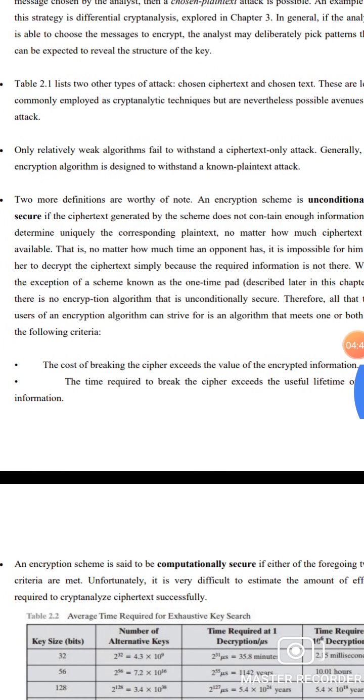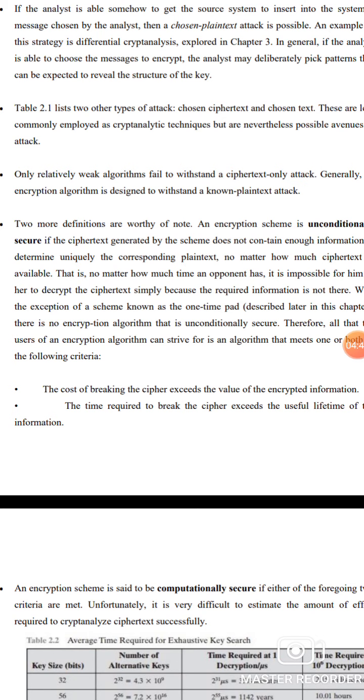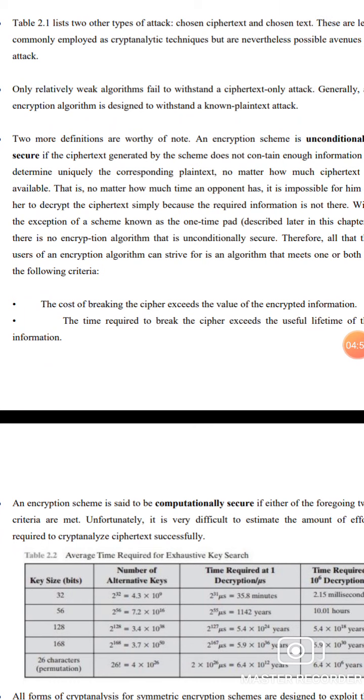There are three different types of attacks: chosen ciphertext and chosen text are less commonly employed cryptanalytic techniques, but are nevertheless possible avenues. Two more definitions are worth noting.